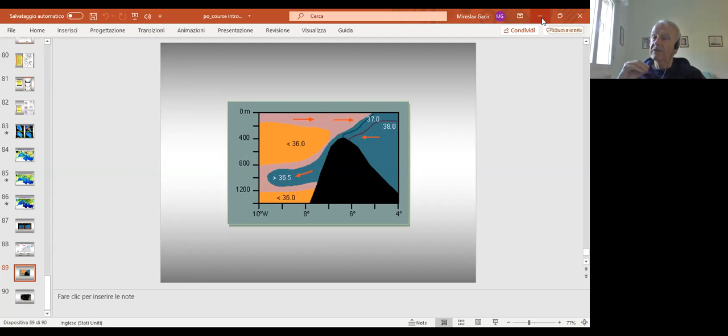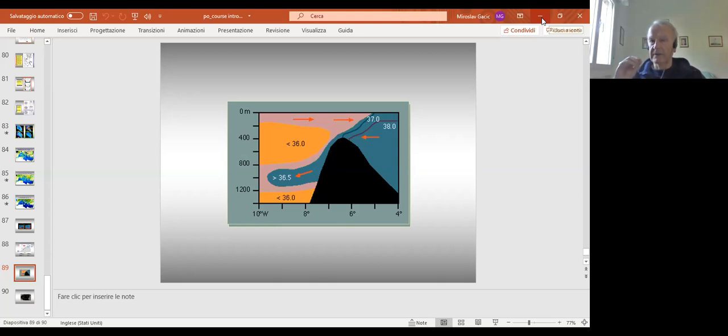Any climate change happening at the northern or southern pole will certainly have an impact on the global conveyor belt, on its efficiency, on its velocity, and so forth.